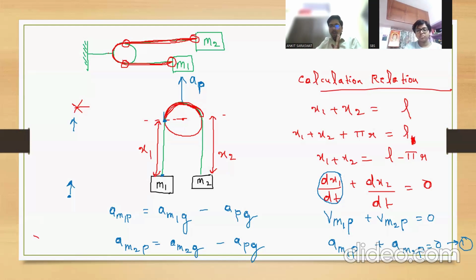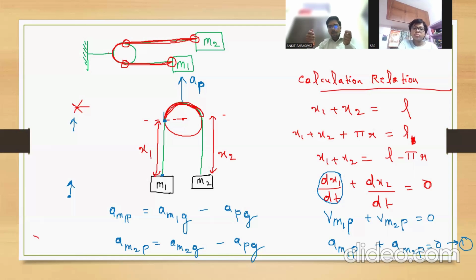Clear? This change in dx1. Understood? This is M1, these are two ends. One end is lying on the pulley and this end is lying on M1, and both are moving like this. Then the separation between these points, let it be x1, its rate of change depends on what? It depends on a relative term.